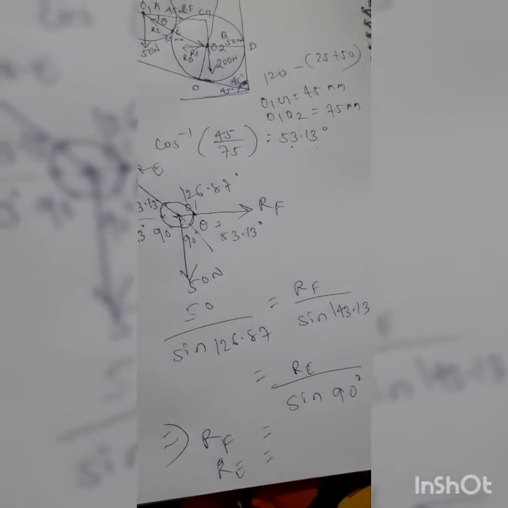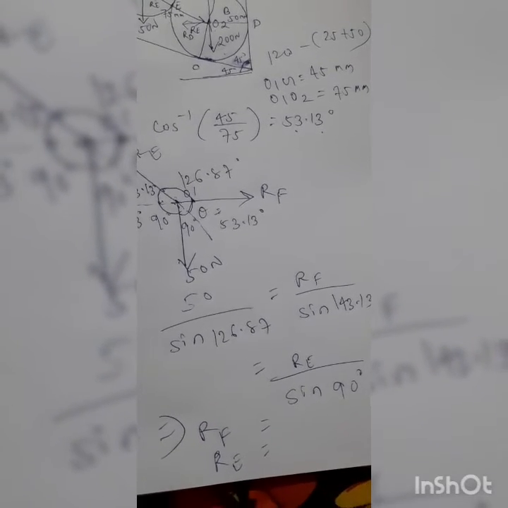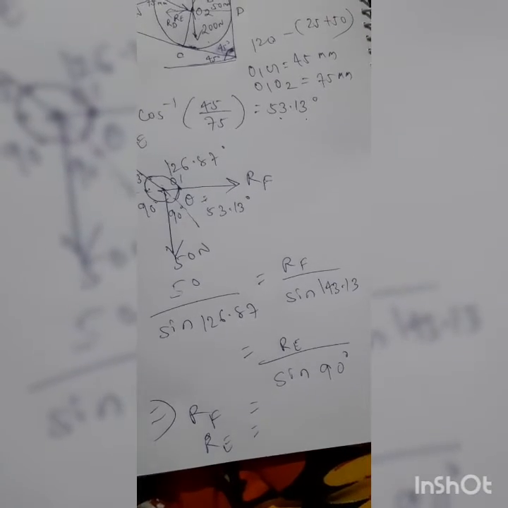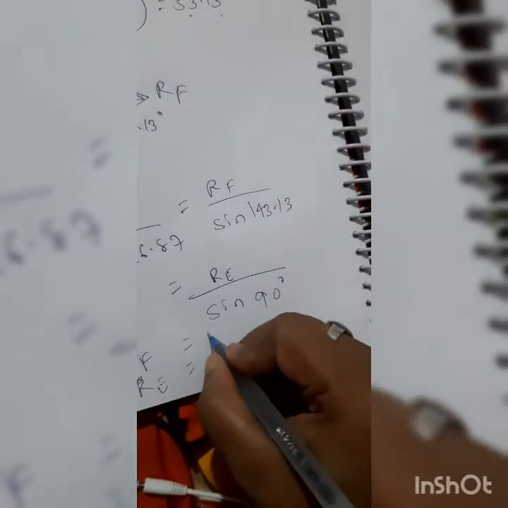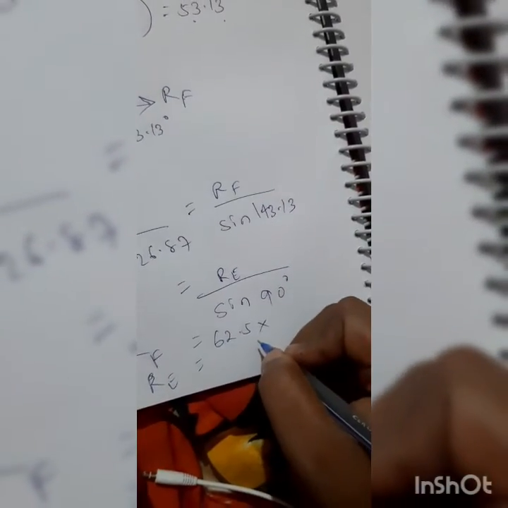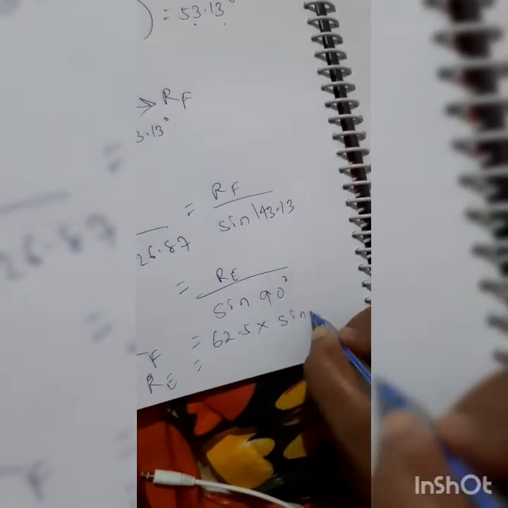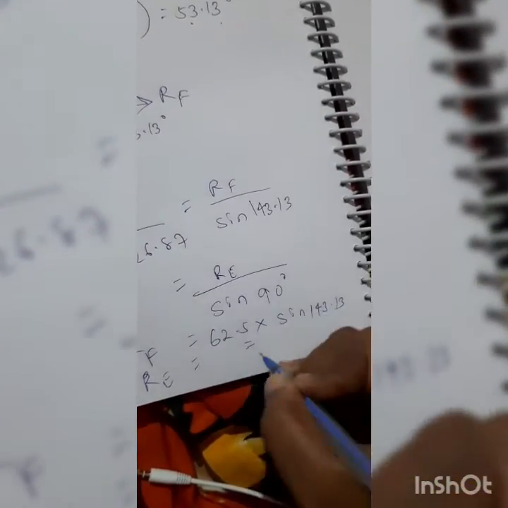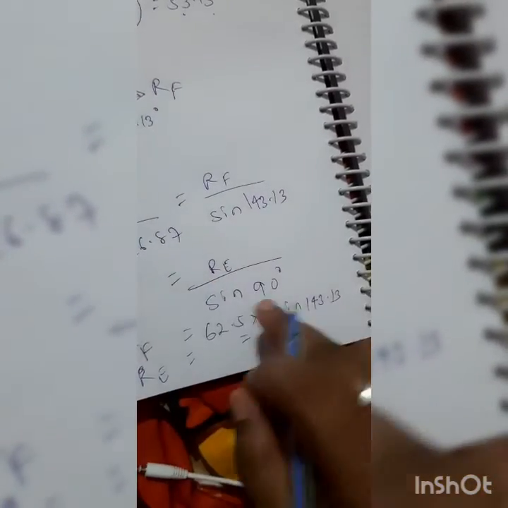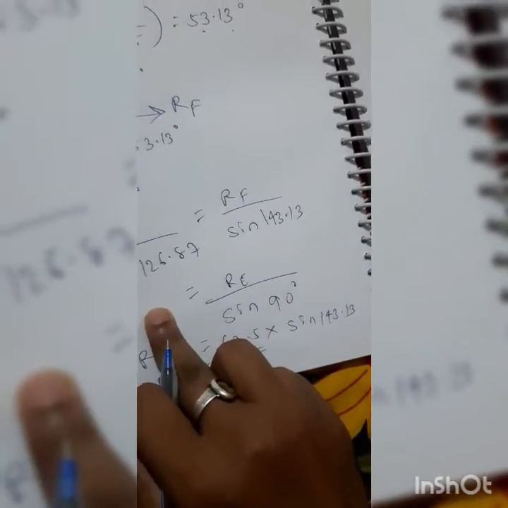So let me check the answer. 50 divided by sine 126.87, that is 62.5 into sine 143.13, that is equal to this, and RE equal to 50 divided by sine 126.87 into sine 90.